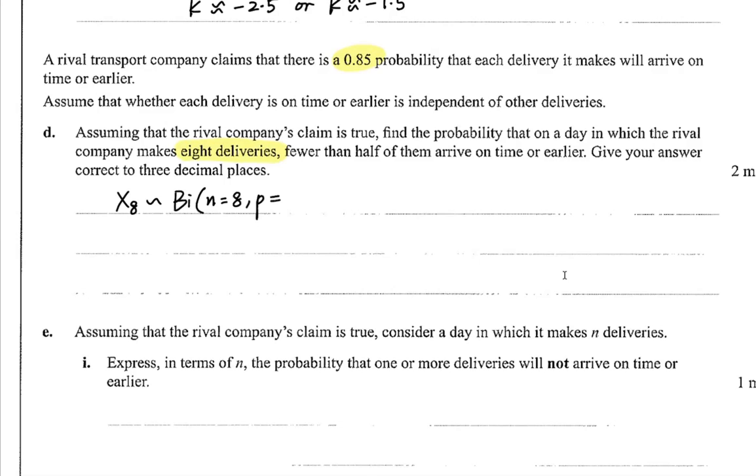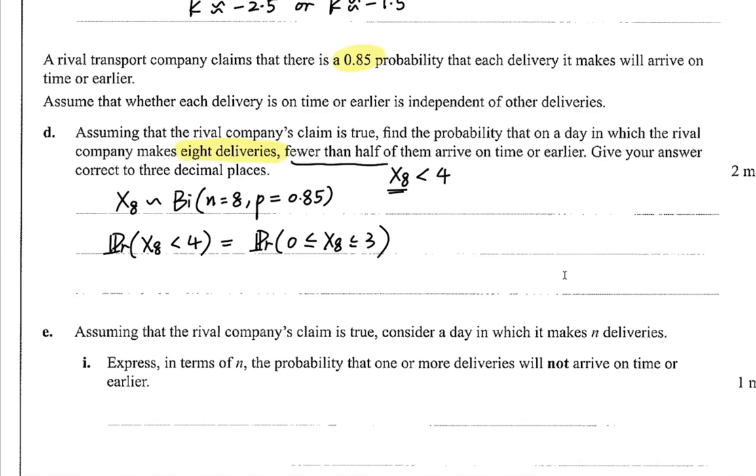Probability of on-time success, 0.85. Fewer than half. So half of 8 is 4. x8, the random variable, is smaller than 4. Probability of x8 smaller than 4 is actually the probability of 0 smaller than or equal to x8 smaller than or equal to 3.